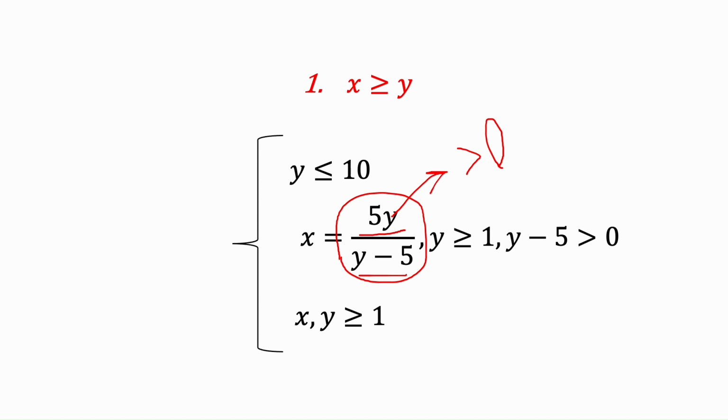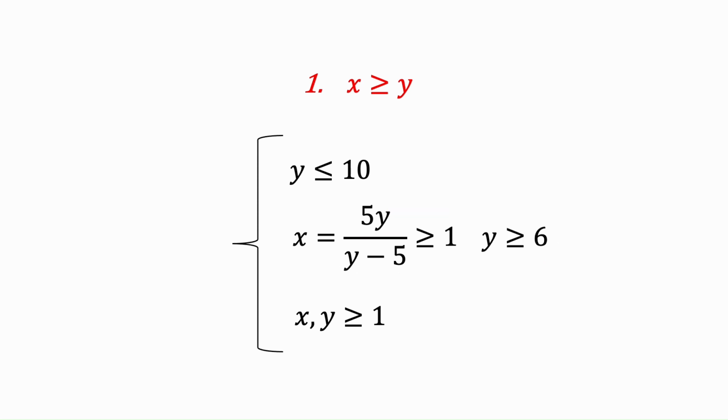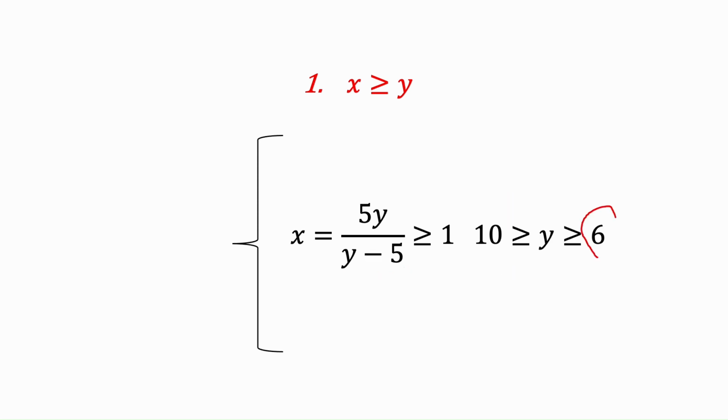And so y minus 5 needs to be positive, meaning it needs to be greater than or equal to 1. So y is greater than or equal to 6. Great. Here we found the lower bound, and we found from the beginning the upper bound of y. So y only has 5 possibilities: 6, 7, 8, 9, and 10.